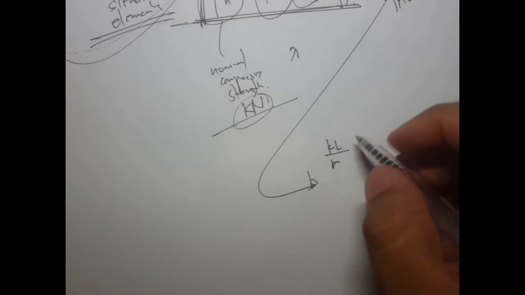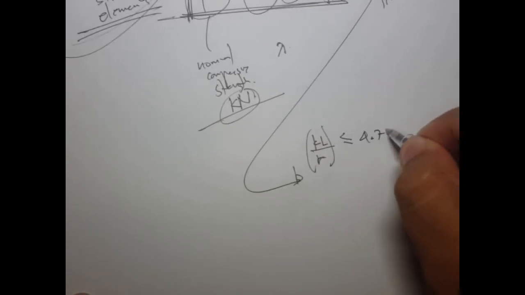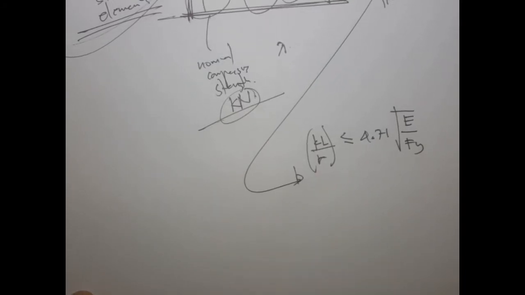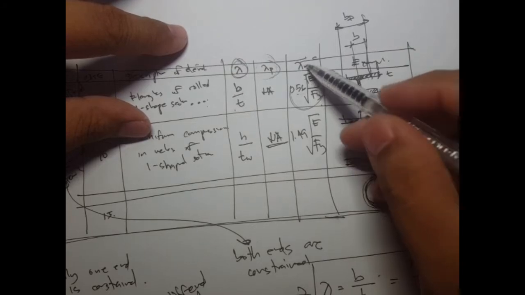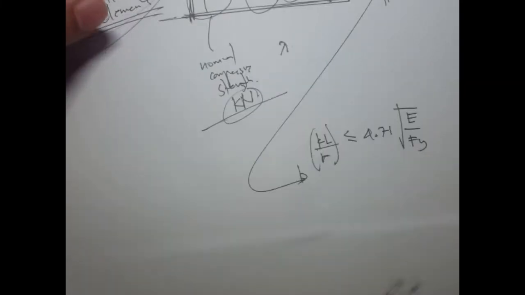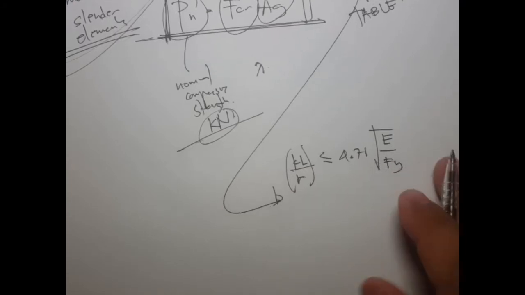If KL over r is less than or equal to 4.71 square root of E over Fy, take note that's different from the limiting values of the slenderness, which are 0.56 and 1.49.